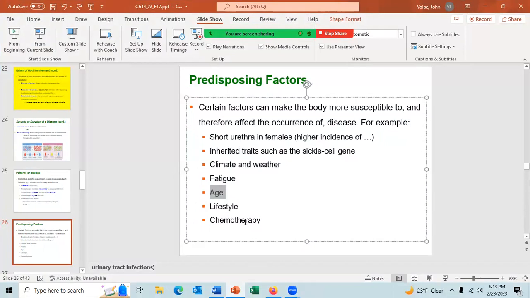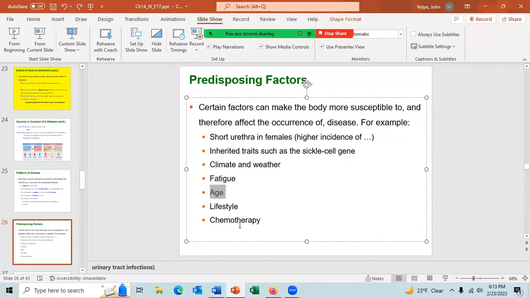A lifestyle can affect the predisposing factor. For example, smokers are more likely to get a respiratory disease simply because they smoke. What happens is the smoking damages the mucosa of the oral nasal cavity and respiratory system, and that makes getting respiratory diseases more likely.